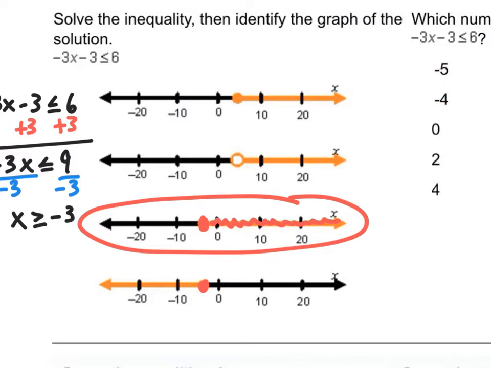What about 0? 0, 2, and 4 are all in that shaded region. Negative 4 and negative 5 are not in the shaded region. So these 3 are the ones that make that true.